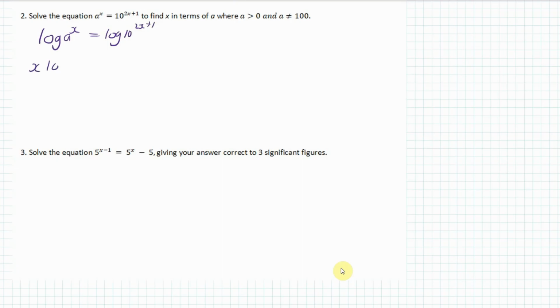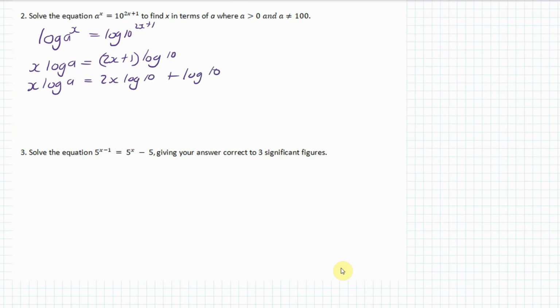Now you can go x log a equals (2x plus 1) log 10. And then we can expand, so x log a equals 2x log 10 plus log 10.